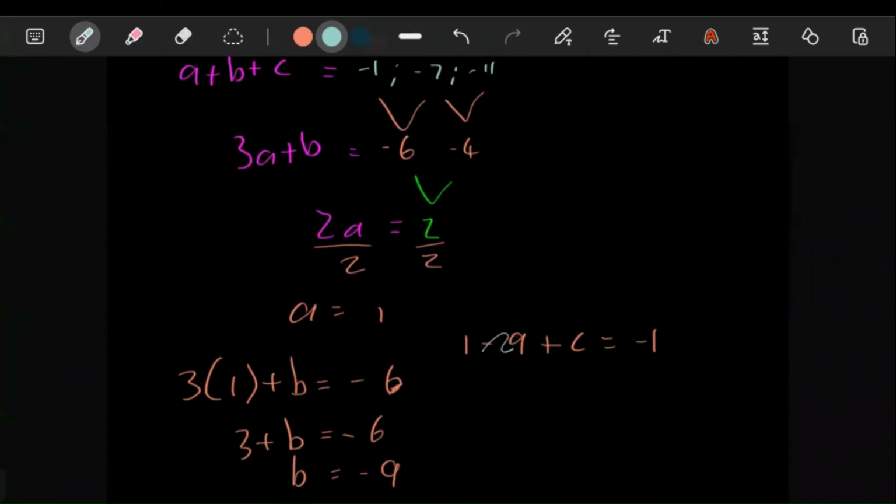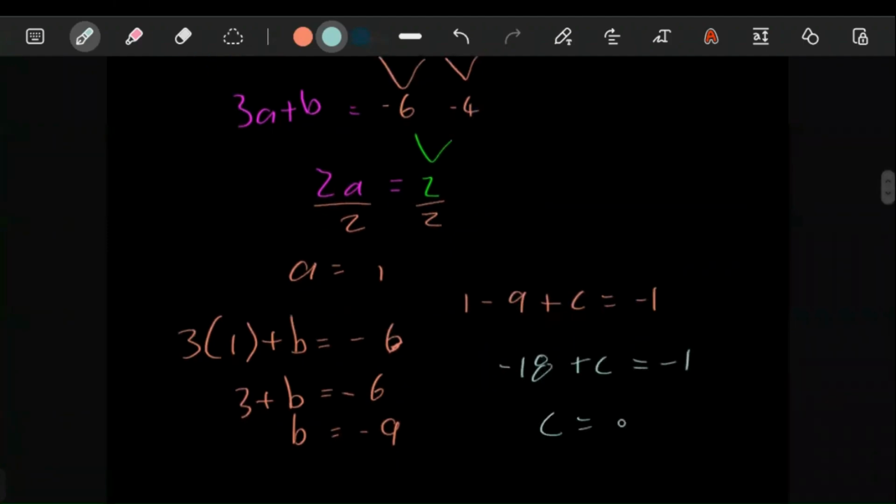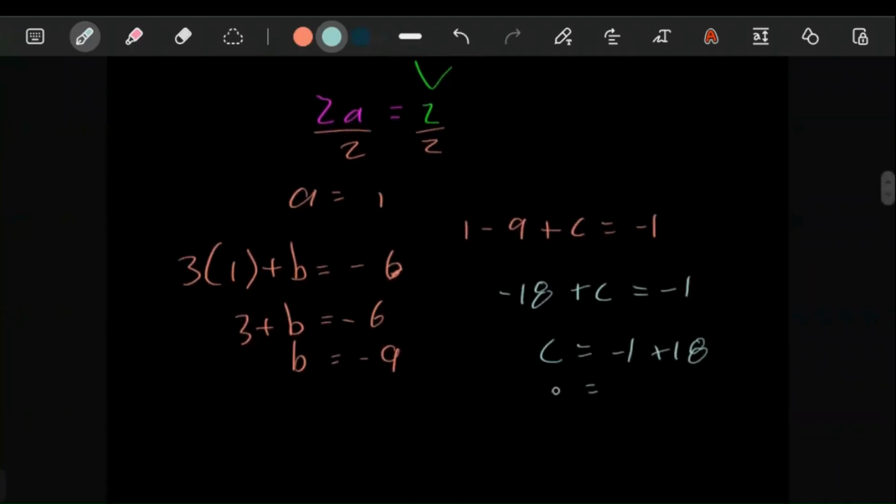And then -8, we know that you're eventually going to take it to the other side. It's going to be here, -1 plus 18, which is going to give you a value of 17.